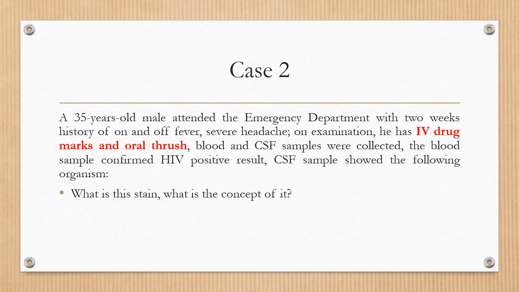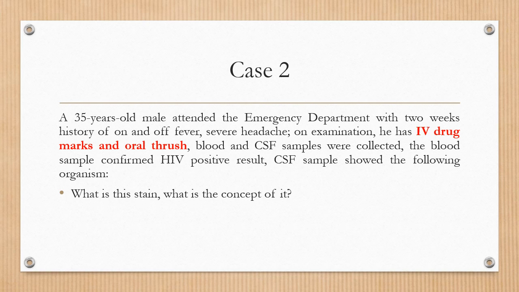Then there is a co-infection, because HIV is a disease that can invade the immune system and cause the person to be immunocompromised and susceptible to different types of infections. So CSF was collected because this patient had severe headache, so cerebrospinal fluid was collected, and it grew something.